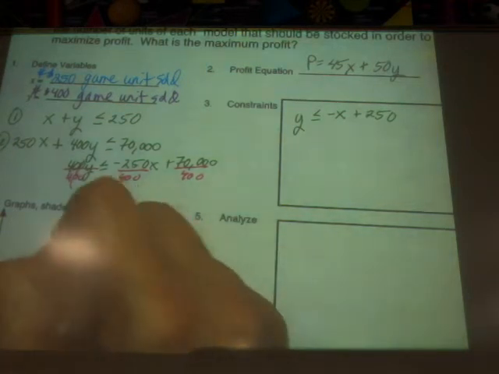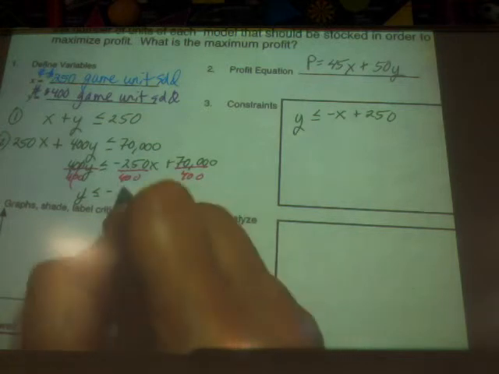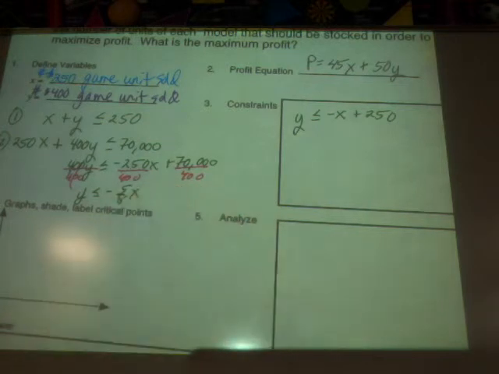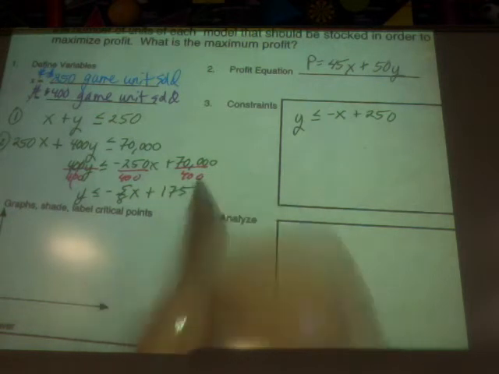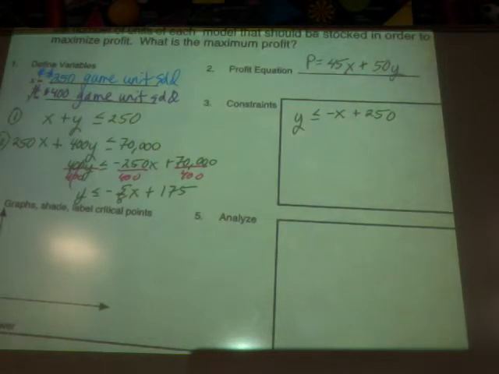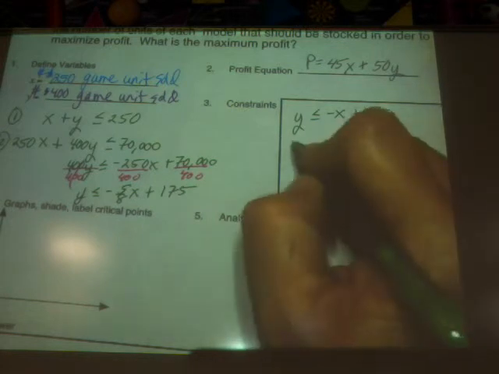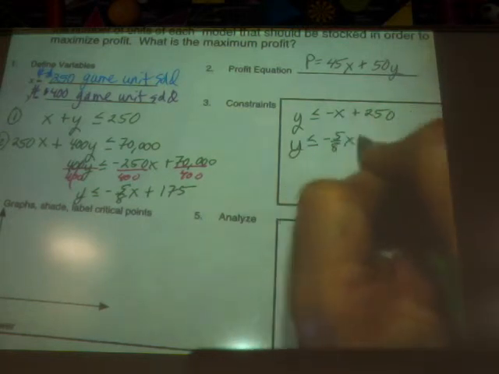You will get y is less than or equal to negative, this will reduce to 5/8 x, and this reduces to plus 175. Okay? So that's what I'm going to put over here: y is less than or equal to negative 5/8 x plus 175.